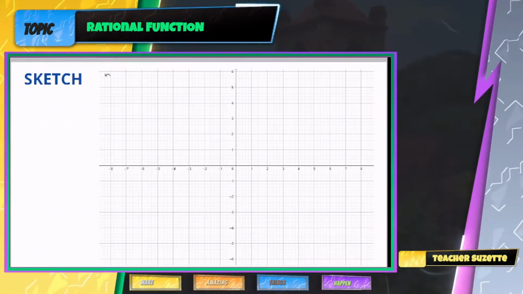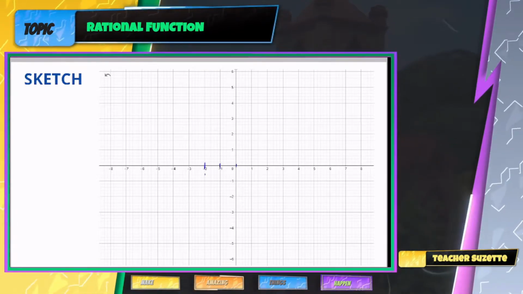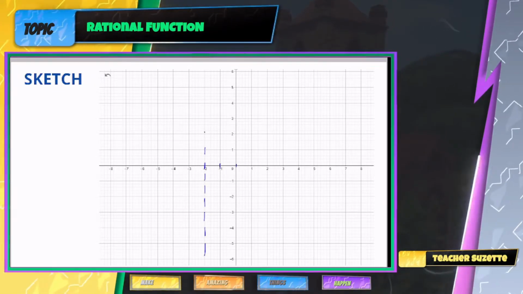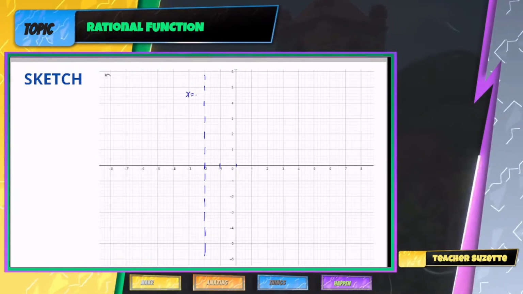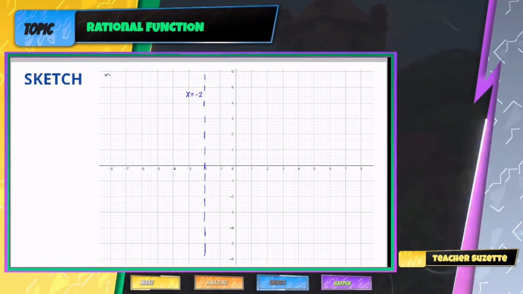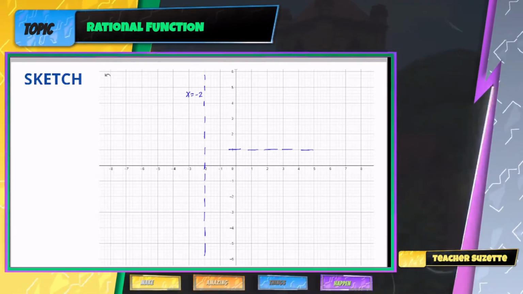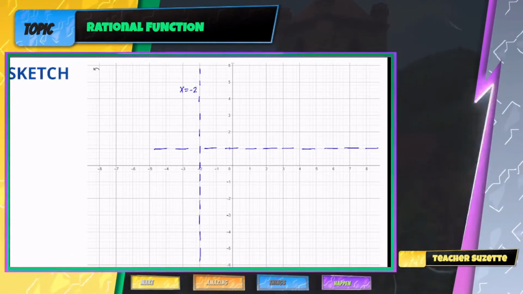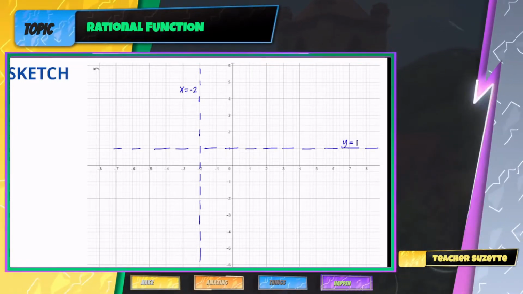So back to the sketch. We draw an imaginary line as representation of our vertical line, x is equal to negative 2, and this is the graph of y equal to positive 1.